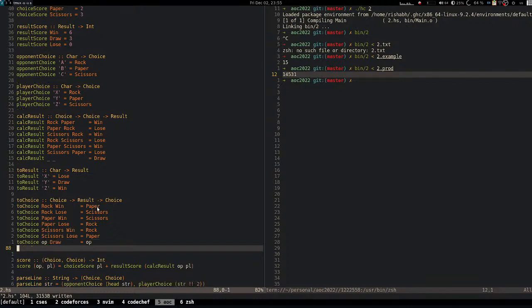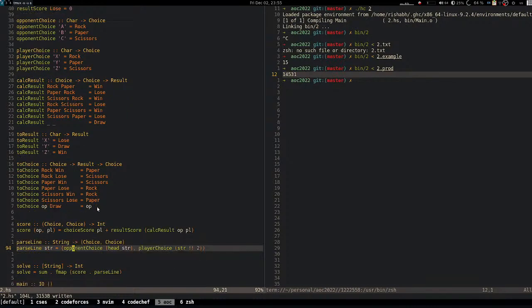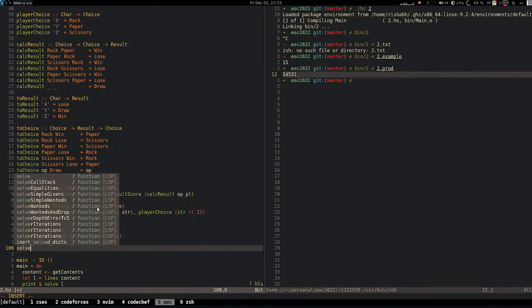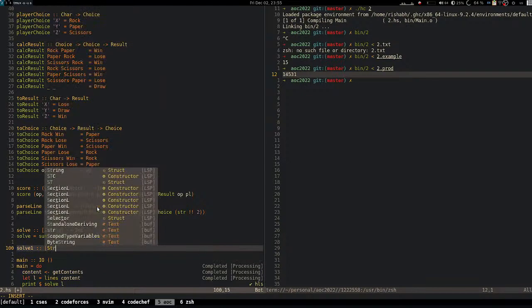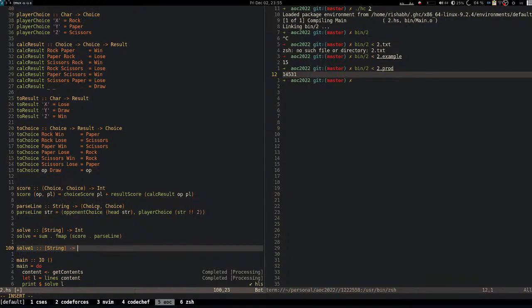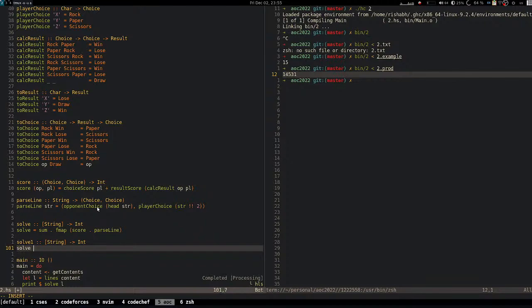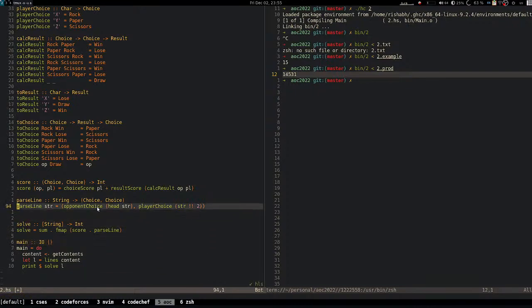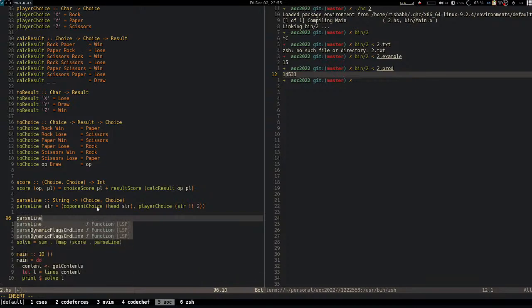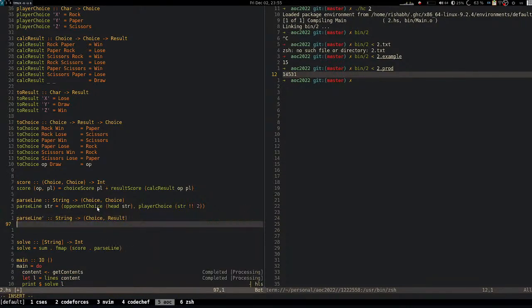Okay, so now solve one is such that we again take a string and return an integer. So this time I need parse line one, parse line prime or something, that gives me choice and result.